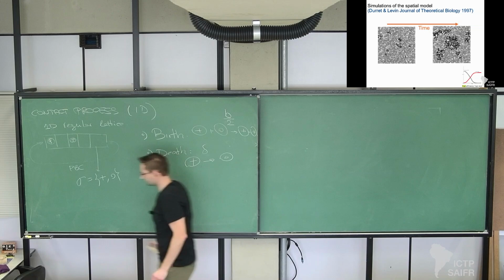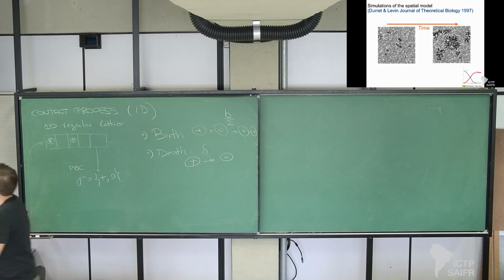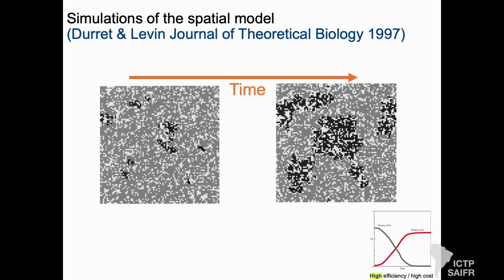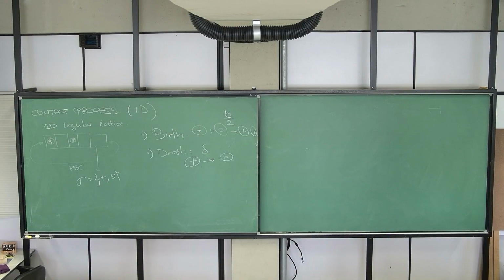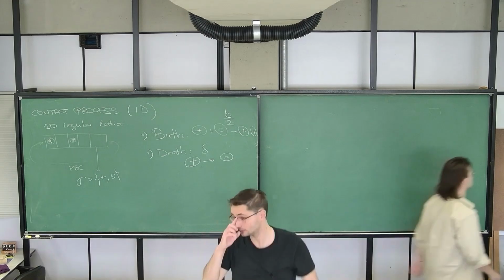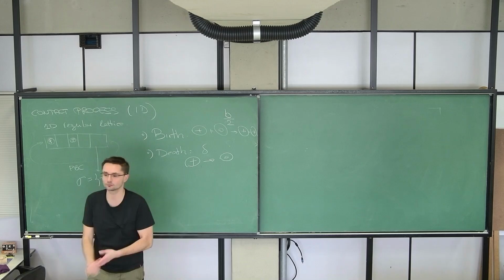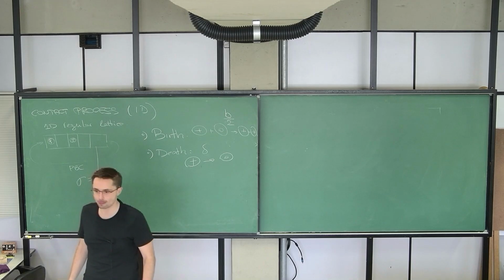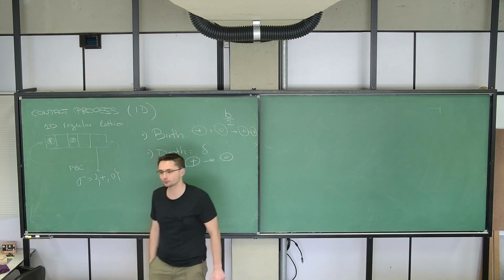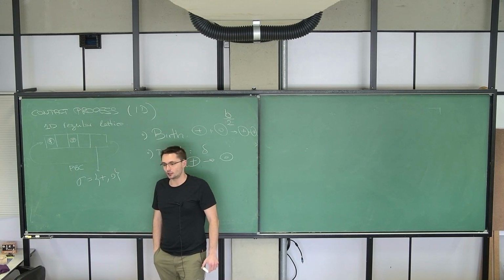So we can run simulations of these dynamics. So if you select an event, birth or death, then you have to go back to the lattice, and then you have to select.